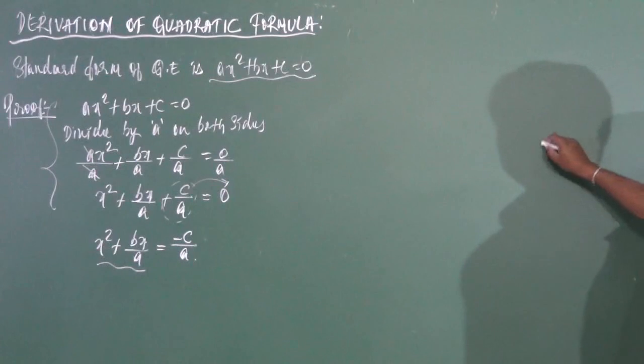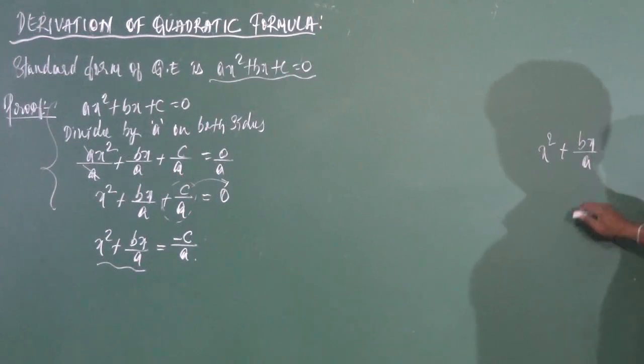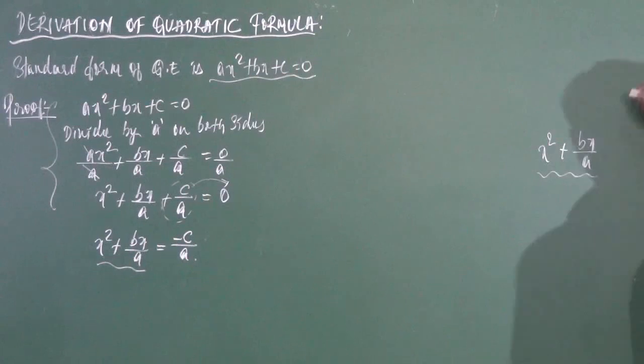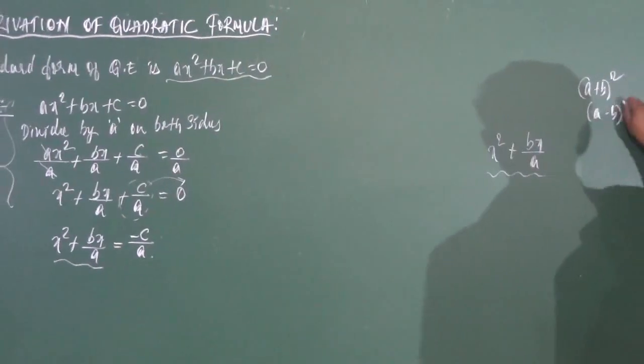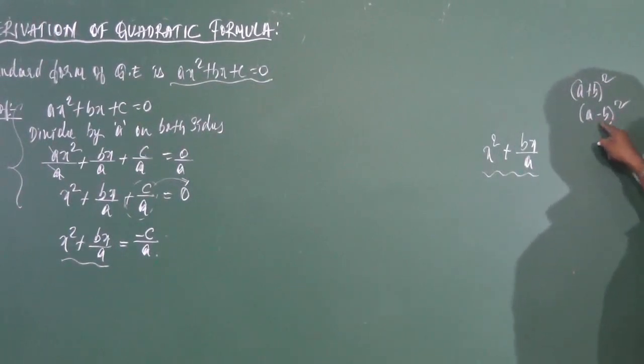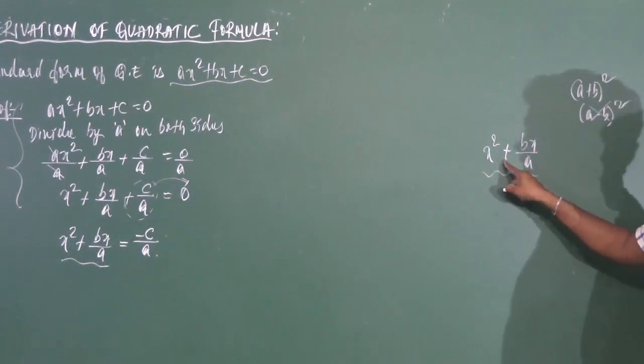Now, x square plus bx by a, nothing is there apart from this. So now I have to make this a perfect square. A perfect square will be in the form of a plus b whole square, or in the form of a minus b whole square. So this is not possible. A minus b whole square is not possible because between these two terms we have a plus sign.